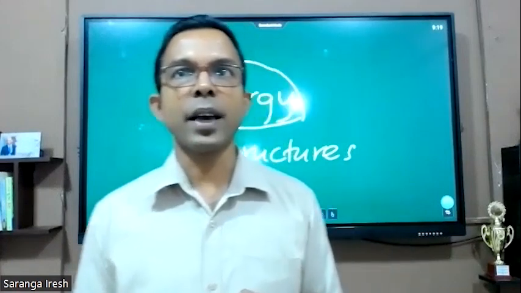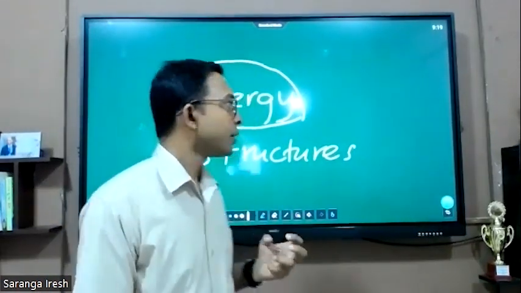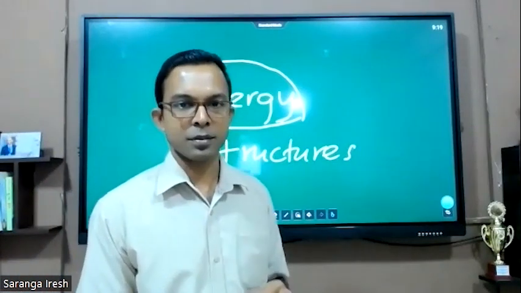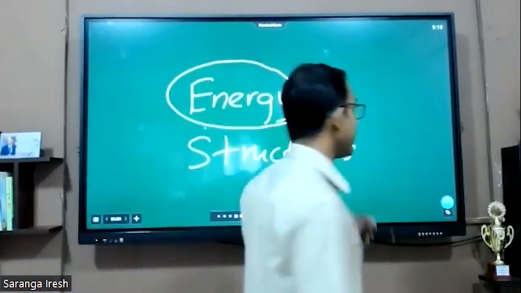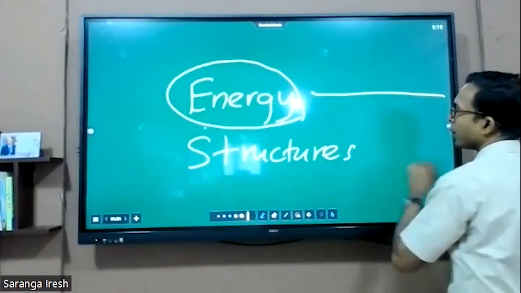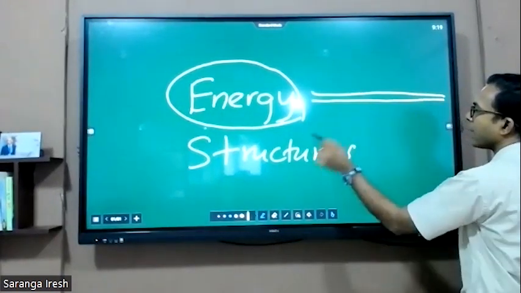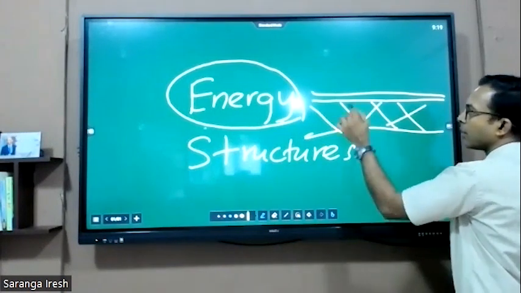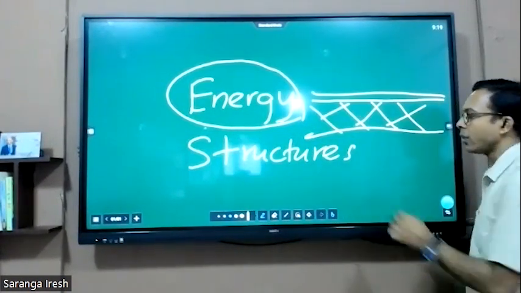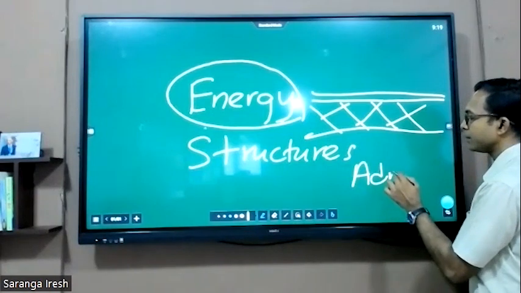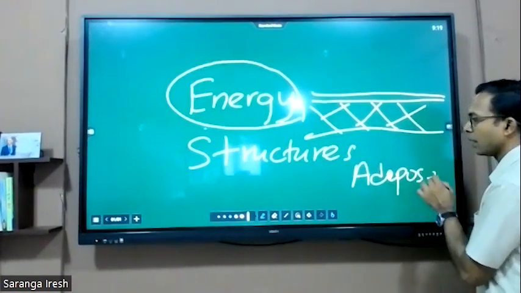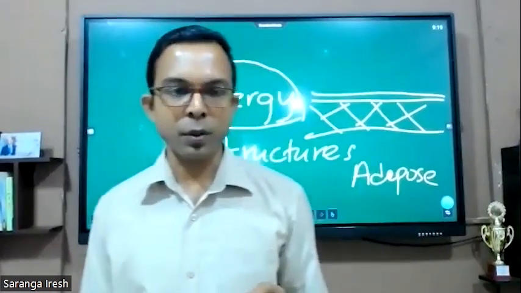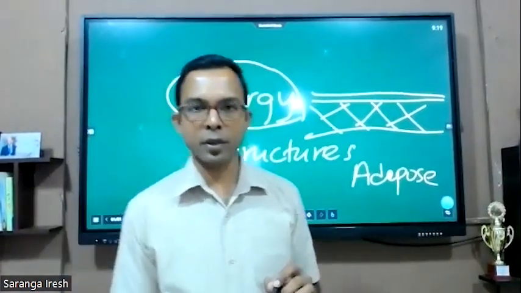The extra lipids we have are deposited especially under our skin. Under the human skin, there is a tissue layer called adipose tissue. Under this adipose tissue, the lipids are deposited.